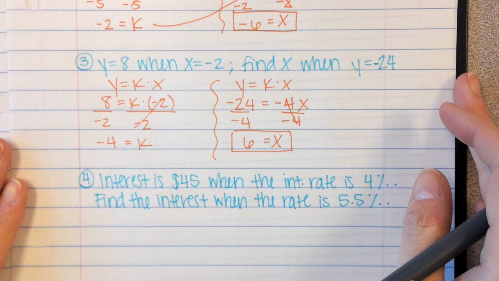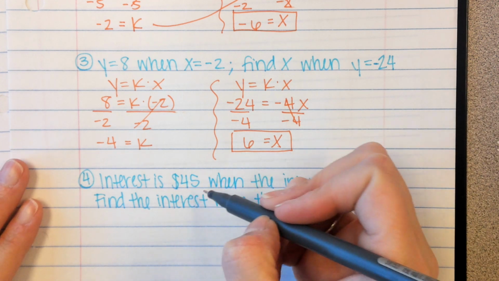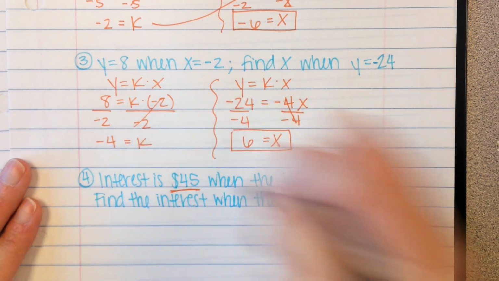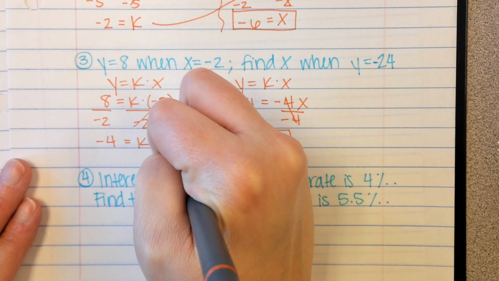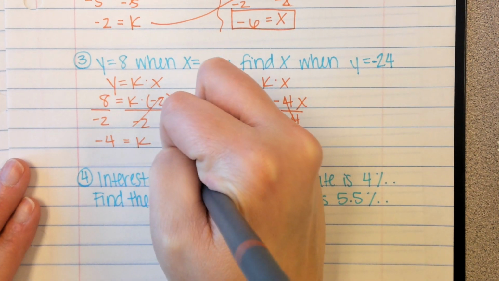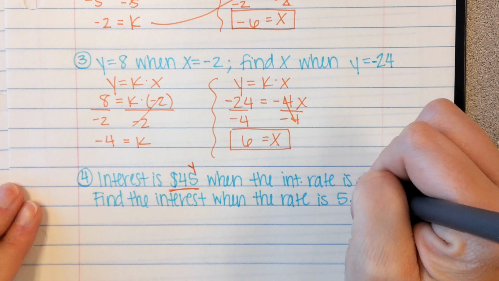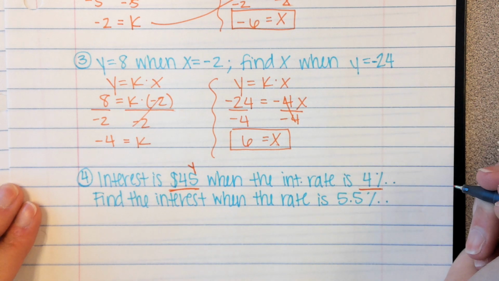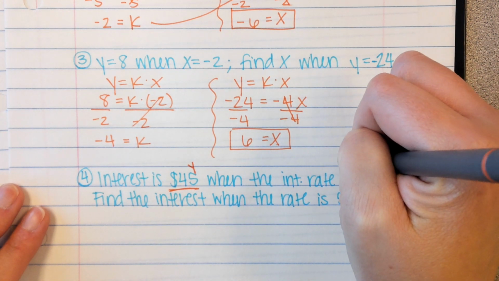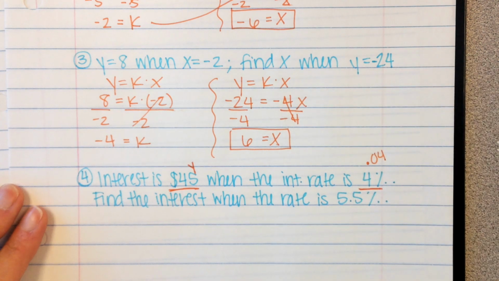So we need to pick out some important information. We have $45. That's probably going to be important. And that's going to be our Y. And then we have our interest rate is 4%. We need to know what that is as a decimal. That's 0.04.